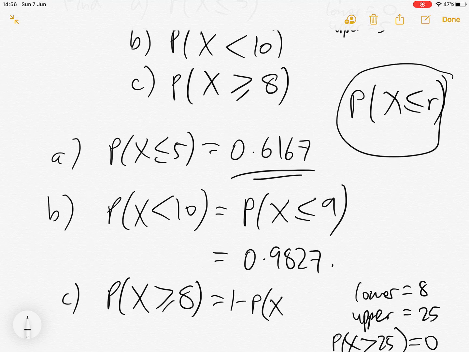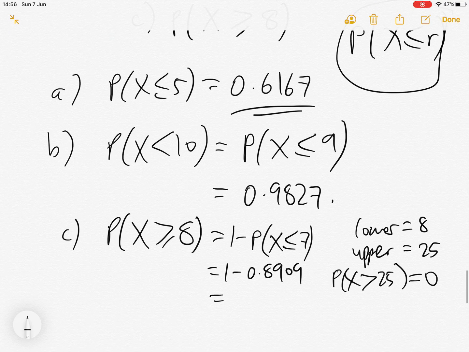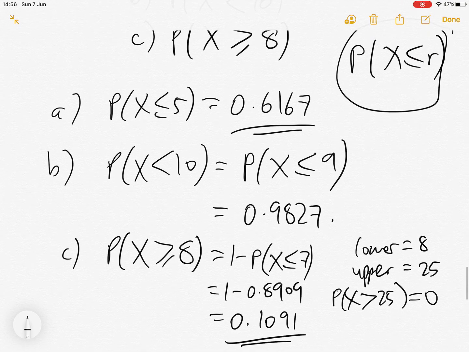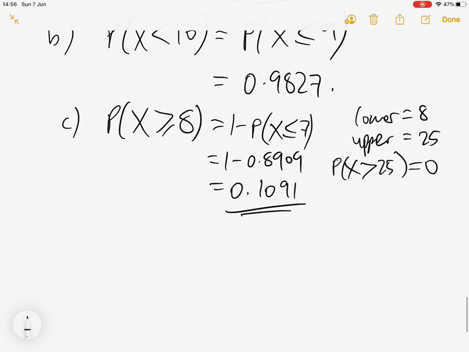So this is 1 minus the probability x is less than or equal to 7, which is 1 minus, and then if we go to the table, that's 0.8909, which is 0.1091. And that's the answer. So often it's quite easy to do on your calculator, but sometimes you need to be careful if you want to use the table.